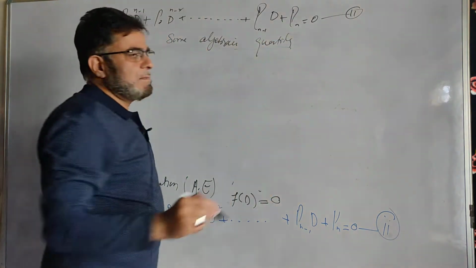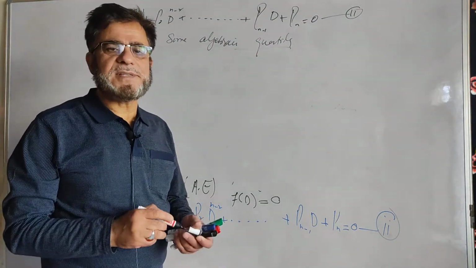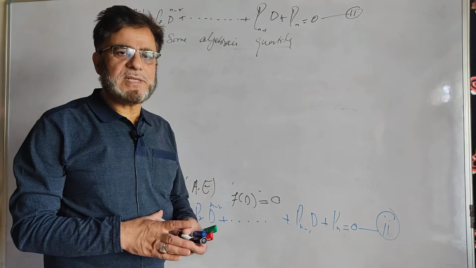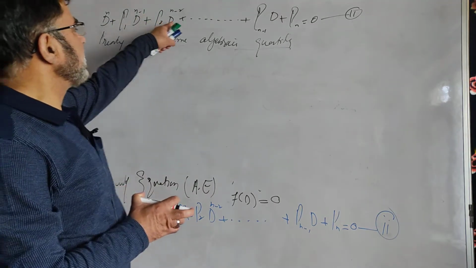That is why in some books you will see that this D is replaced by m. Then the auxiliary equation becomes m^n + p1 m^(n-1), and so on.